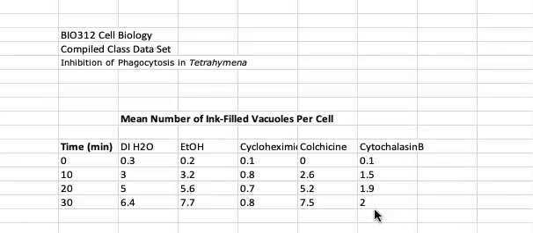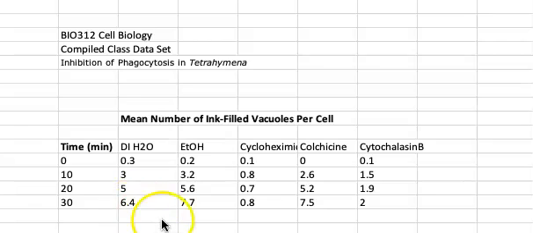So just from eyeballing the data, when we make a comparison between the distilled water and the cycloheximide, we see a difference we would like to know more about. The distilled water to the colchicine, we don't really see a difference in that pattern.